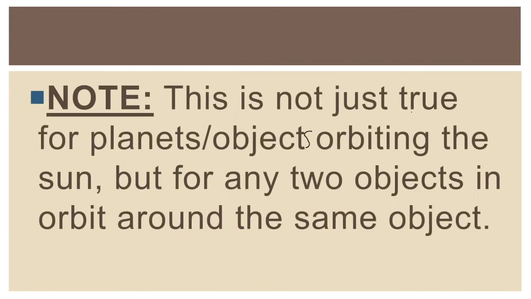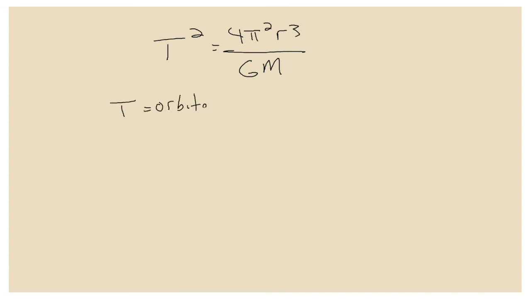But it's also important to realize there is a second version of Kepler's third law. And that second version of Kepler's third law looks like this. T squared equals 4 pi squared r cubed over GM, where T is the orbital period for the orbiting object, and that's going to be measured in seconds.